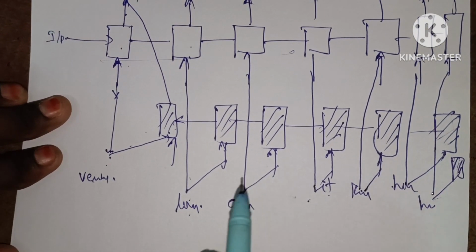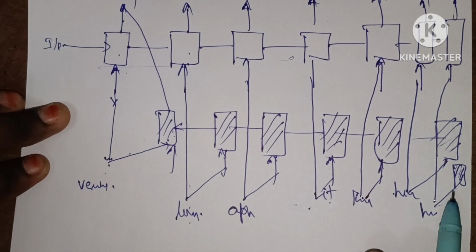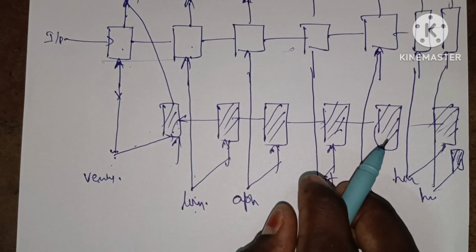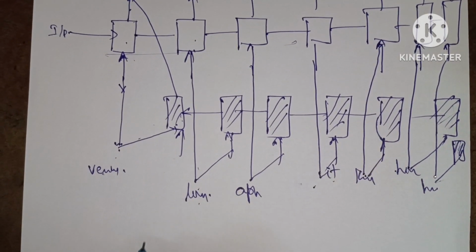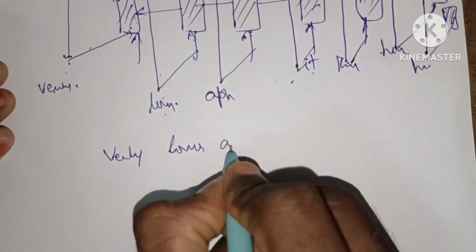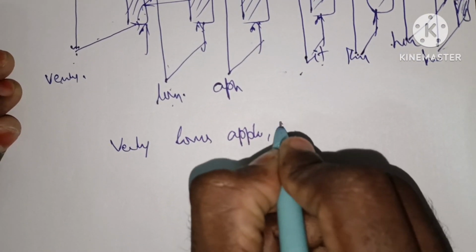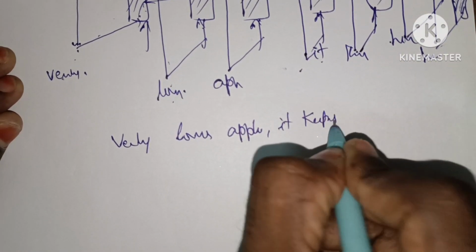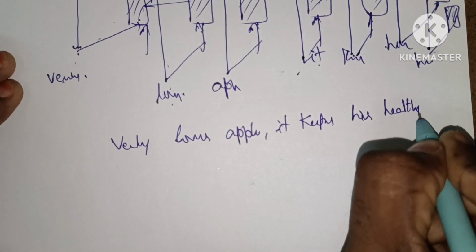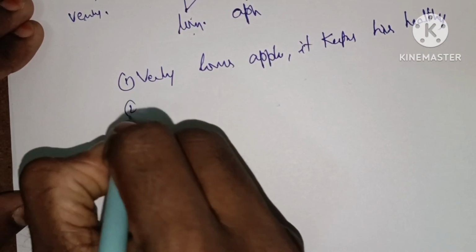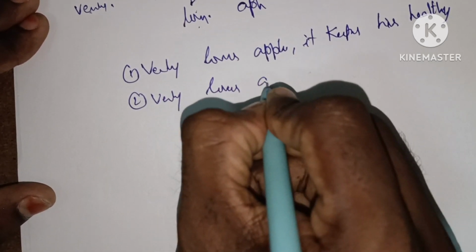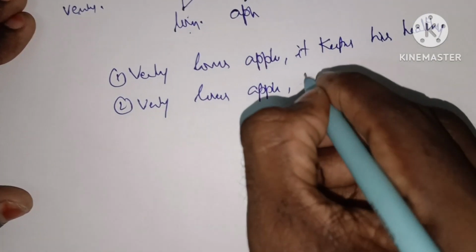Then what will happen based on the two statements? We already discussed the two statements. The first statement is Venki loves apple. It keeps him healthy. The second statement is Venki loves apple.